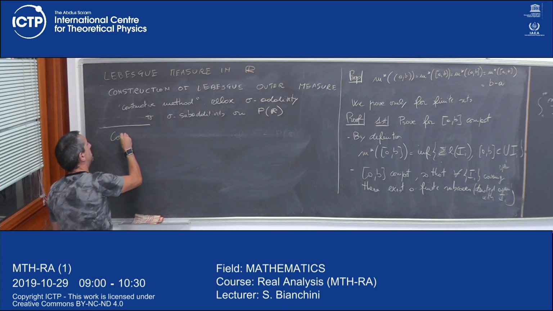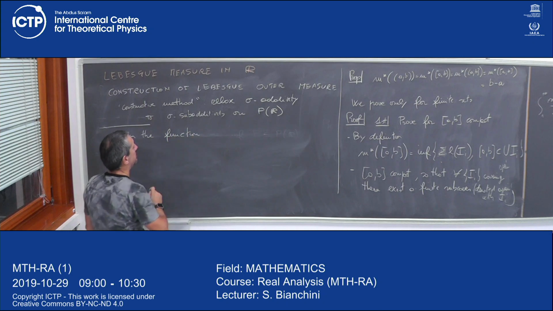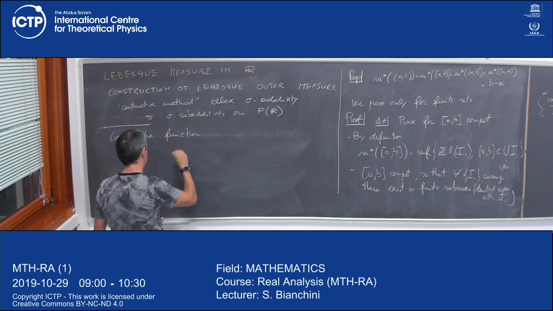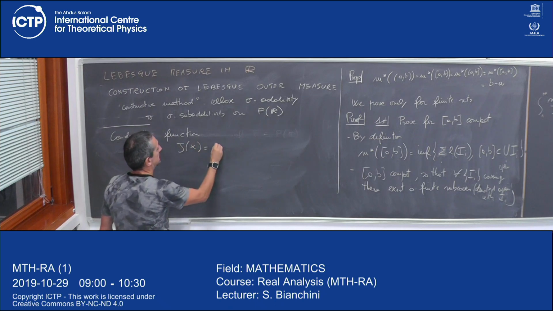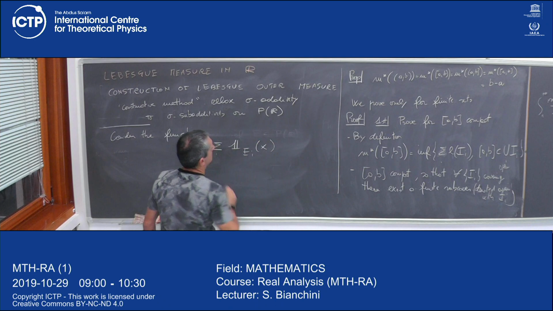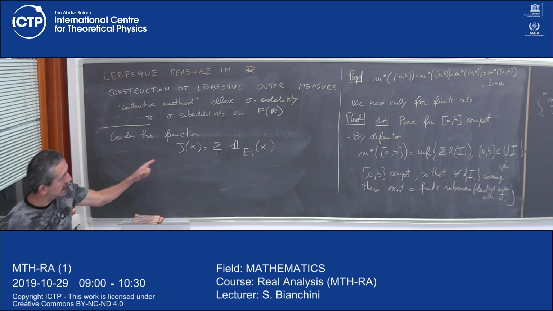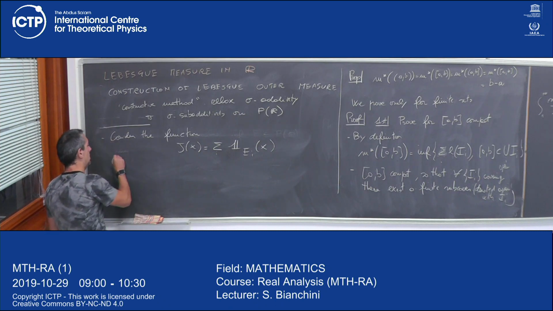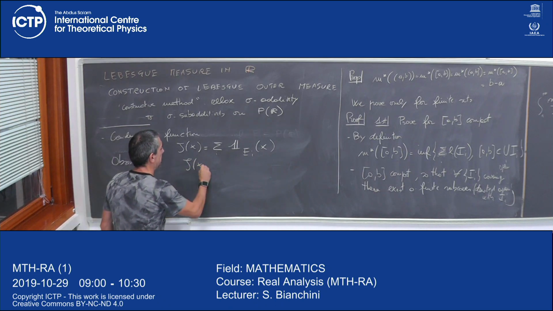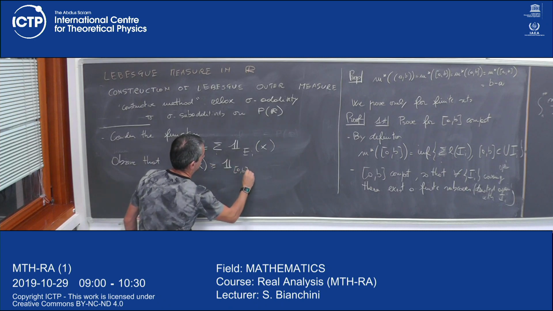So consider the function, let's say j of x is the sum of the indicator functions of A_i evaluated in x for that particular cover. And observe that j of x is greater or equal than the indicator function of A.